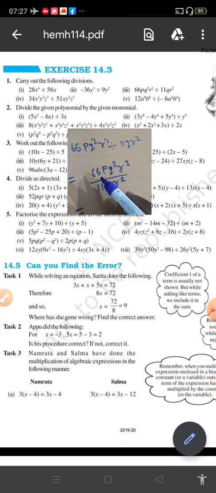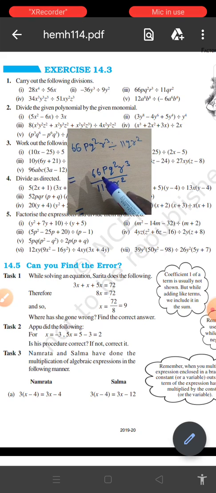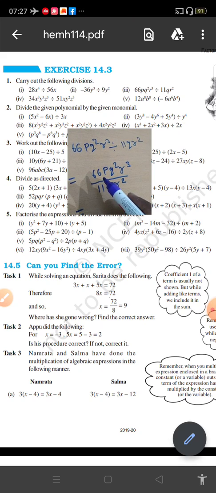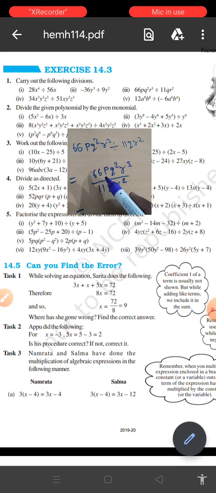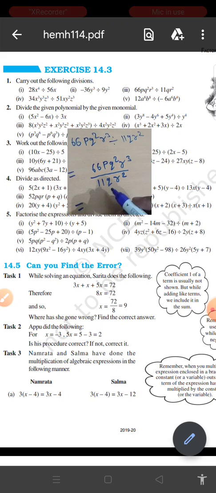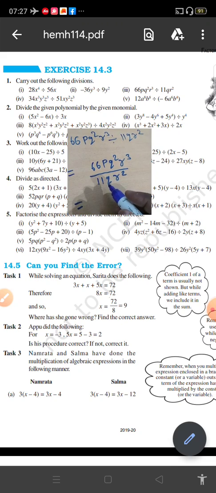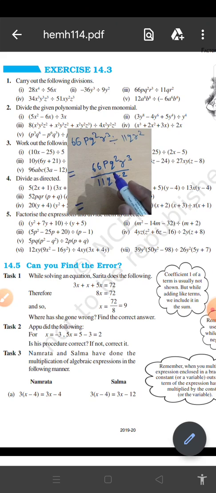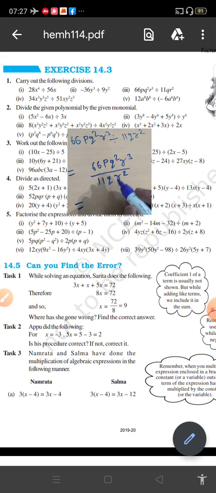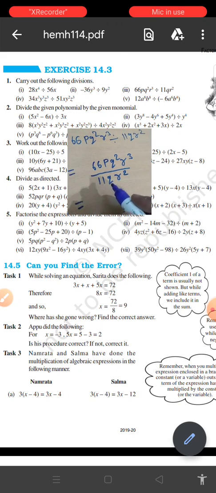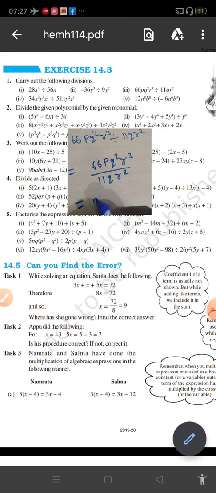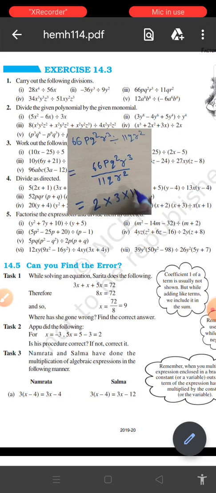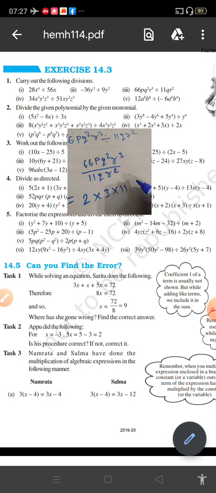We can write 66 as 11 into 6. So 11 is not reducible and 6 is reducible. Okay, so we write it as a product of irreducible factors. So we can write it 2 into 3 into 11 into p into q square r power 3.